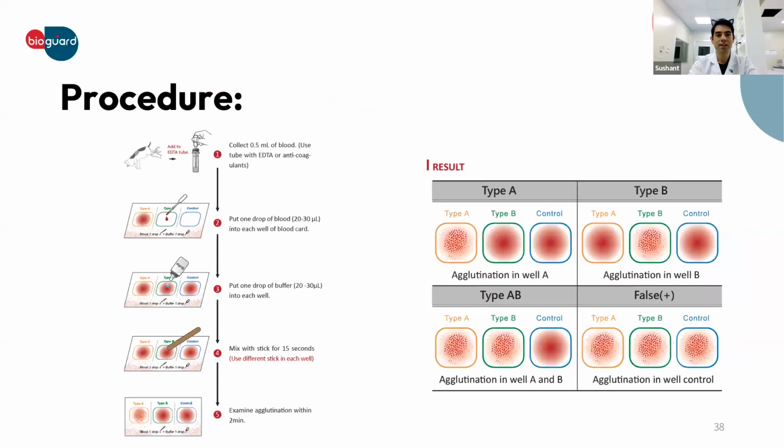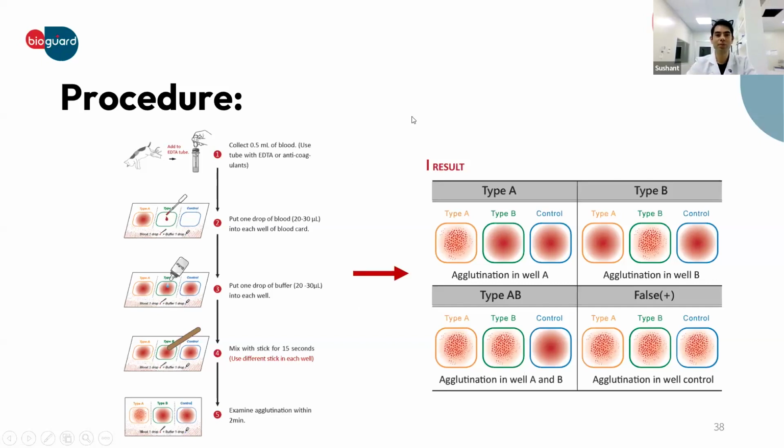The procedure is also very easy: you need only 500 microliters of blood collected from the cat. Then you put 3 drops on the card, add 1 drop of buffer that also comes with the kit, gently mix it for 15 seconds, and within 2 minutes you will see the results.